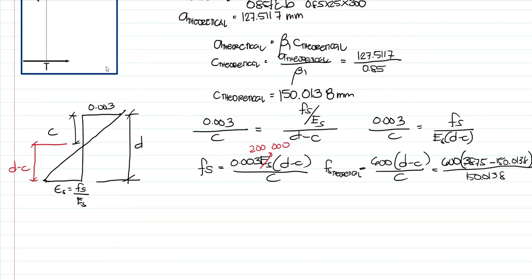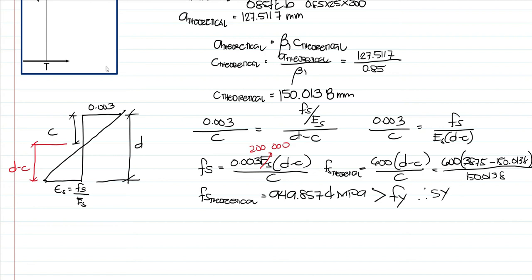So our Fs theoretical will be equivalent to a value of 949.8574. This is in megapascals. And as you can see, this is greater than our Fy. Therefore, we have verified the assumption that the steels are yielding.